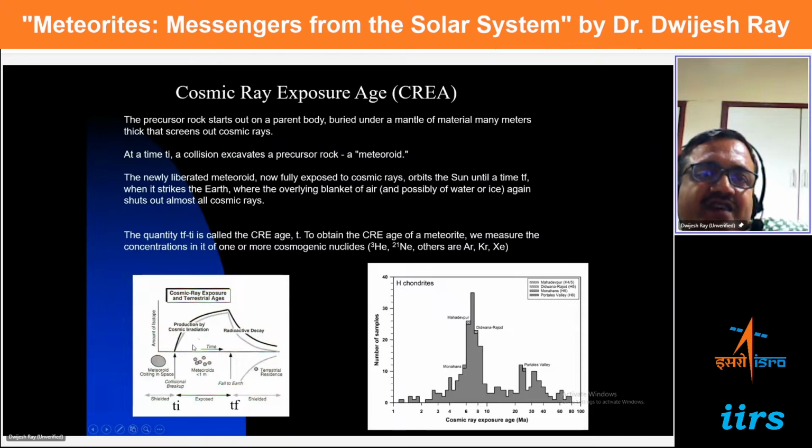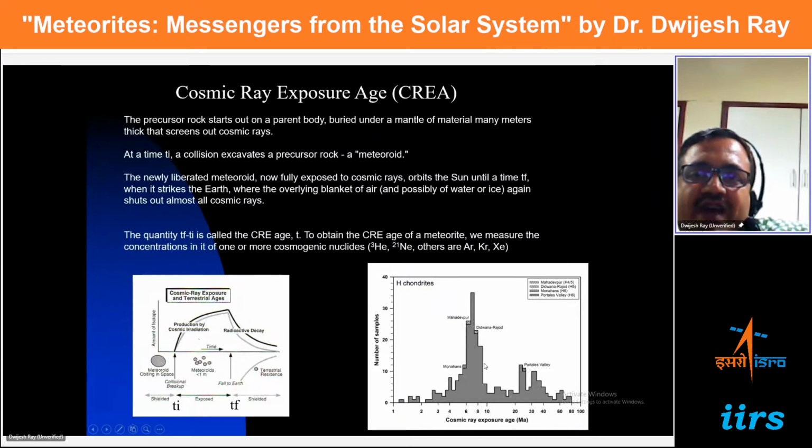If we measure them by mass spectrometer, we can infer how long the object remained in space. So this helps us infer the cosmogenic radionuclide age, or the cosmic ray exposure age, of the meteorite, and we can get some estimation.